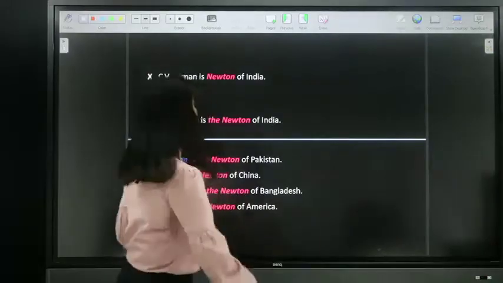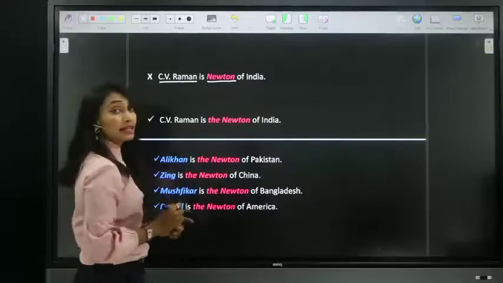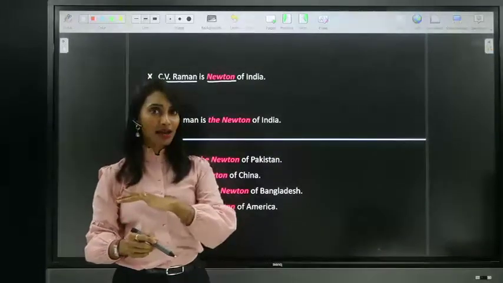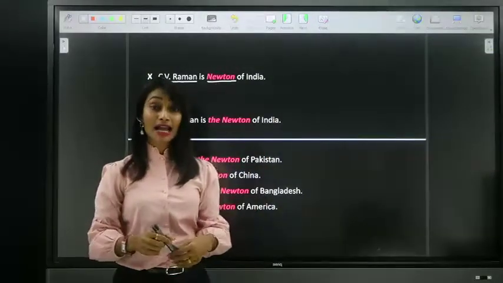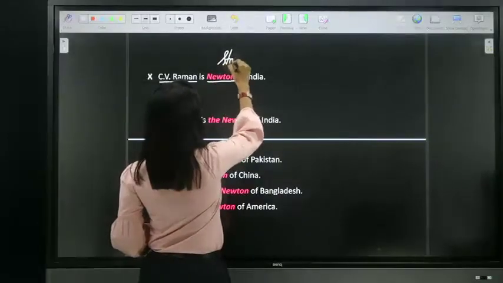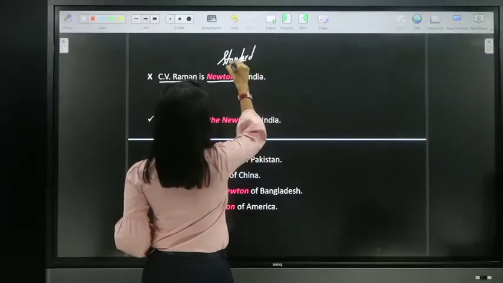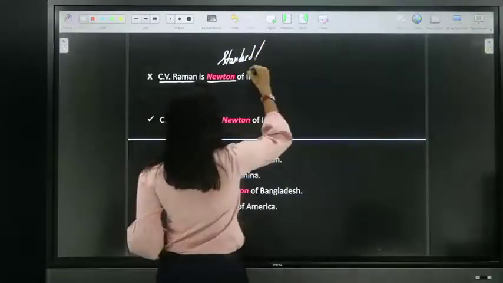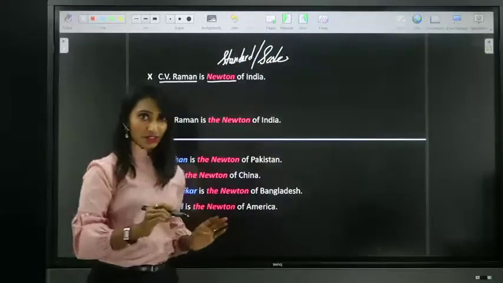Now, here we are not comparing two persons. Here we are comparing the quality of C.V. Raman with the quality of Newton. That means I took Newton as a standard for comparison, or a standard for measurement, or we can also say a scale for measurement.